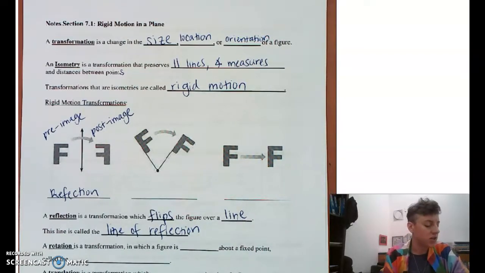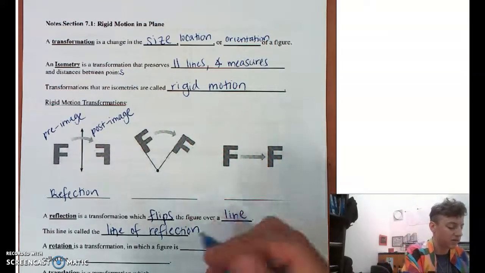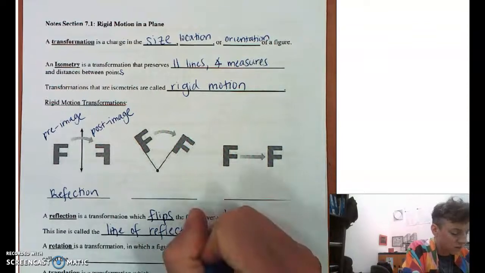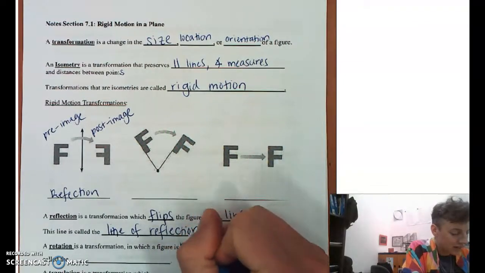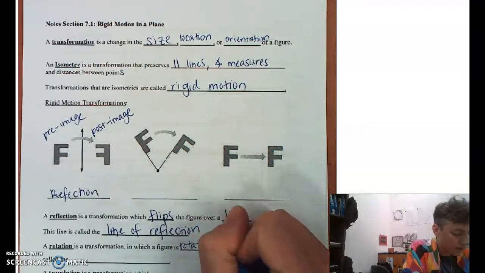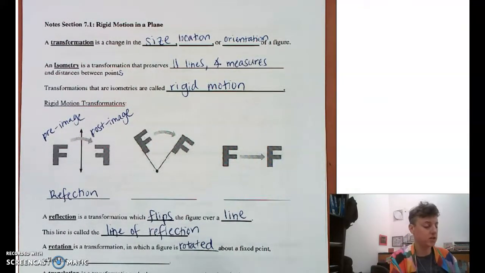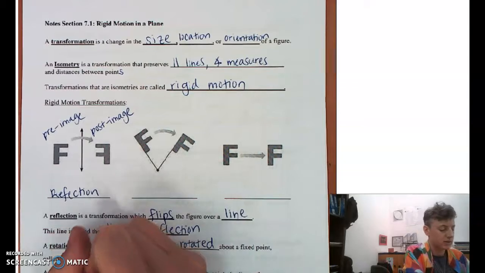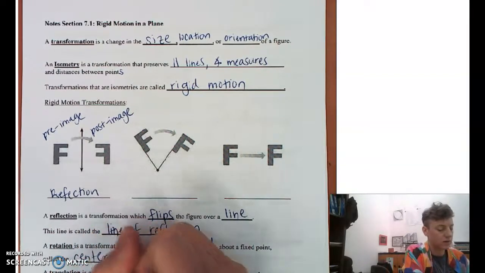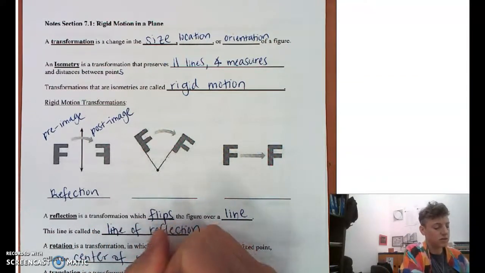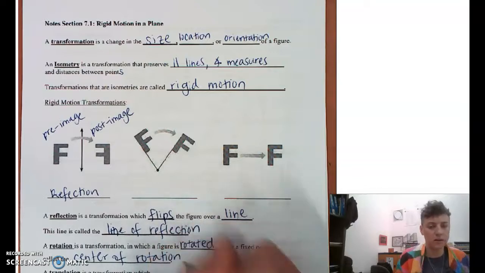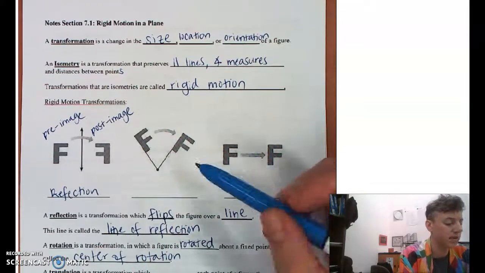All right, another type of rigid motion we've got is a rotation, which is a transformation in which a figure is, what do you think? Oh yeah, definitely rotated about a fixed point. Center of rotation. That's this dude up here.